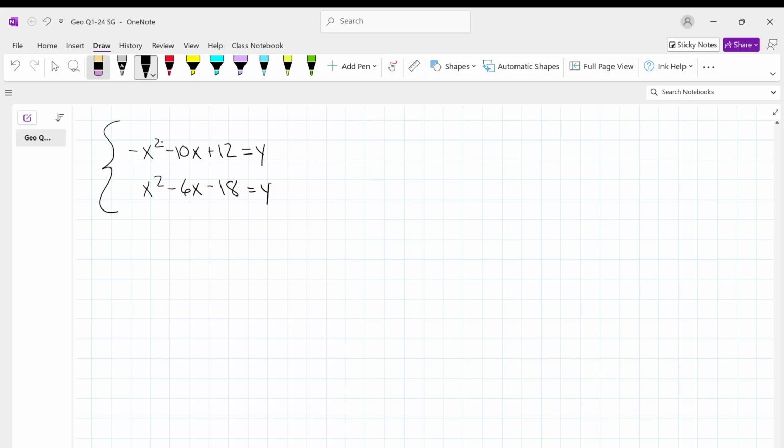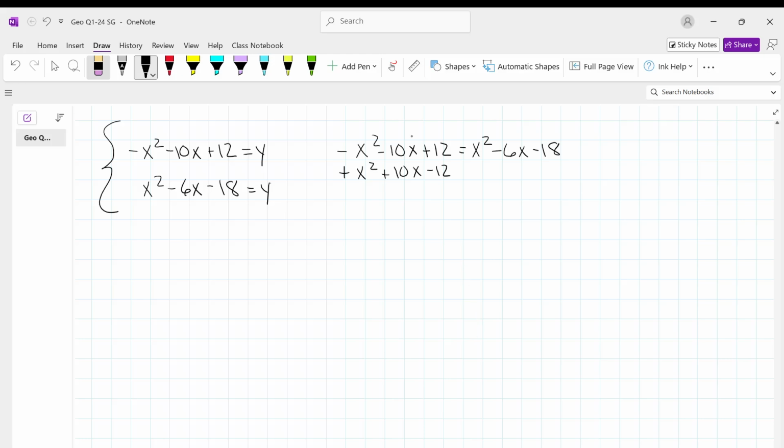All right, again, two things equal to the same thing are equal to each other. So I'm going to rewrite it as negative x squared minus 10x plus 12 is equal to x squared minus 6x minus 18. Gonna add x squared, add 10x, and subtract 12.